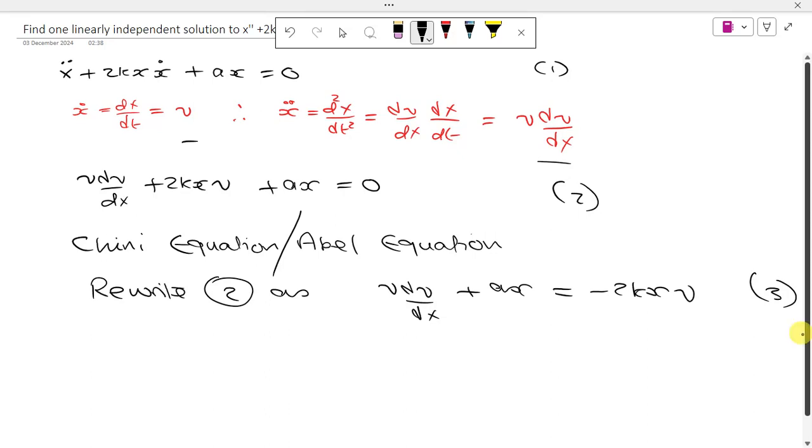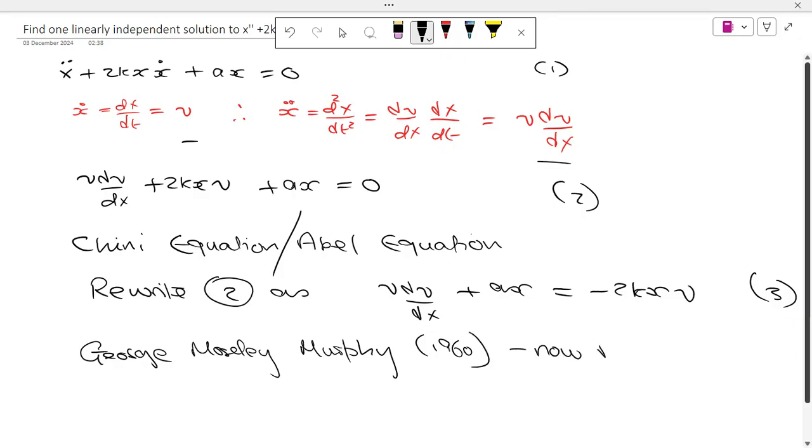So, according to George Moseley Murphy, in his 1960 book, now reprinted, something like nonlinear ordinary differential equations, you would have to look that up.